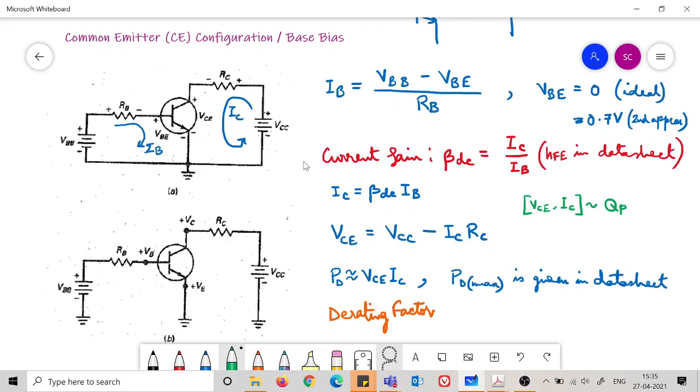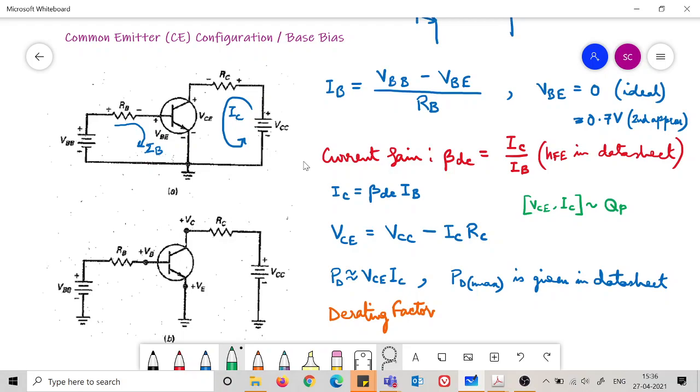Obviously it is true that this IC is not flowing all through the transistor, because it is only in the collector base region. Then in the base emitter there is also the base current.